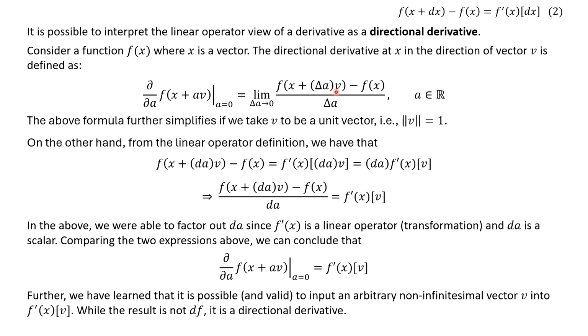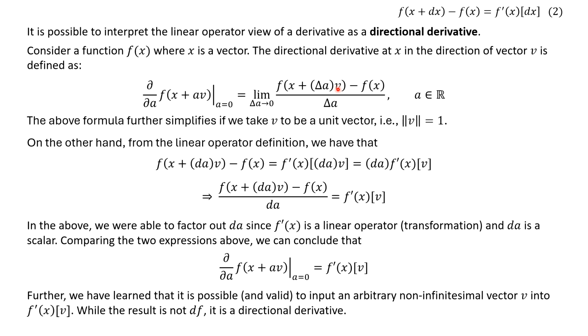This is a bit unusual from what we know from basic calculus, in that we're approaching x along a particular vector. If you just have a function from the real numbers to the real numbers, and you want to take the limit as you approach a particular number x of f of x, you can only approach from the left or the right.